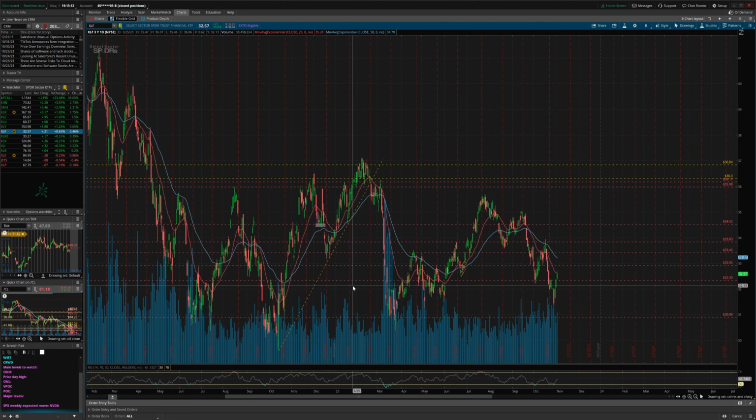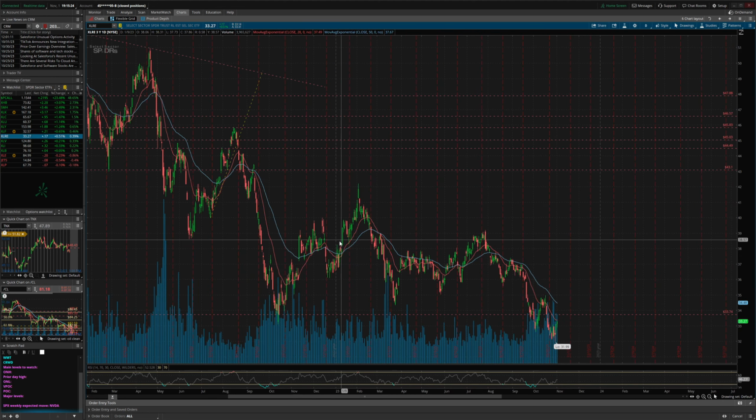Financials, just look at that. They are down roughly around 6.5% on the year. Real estate is down about 11.38%.